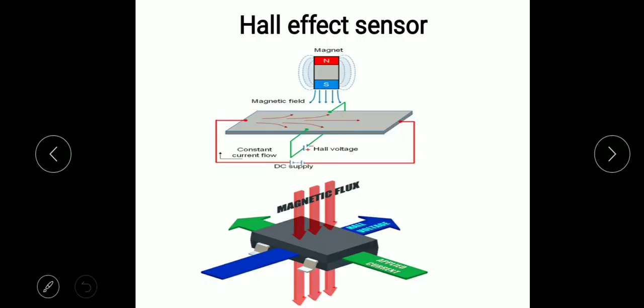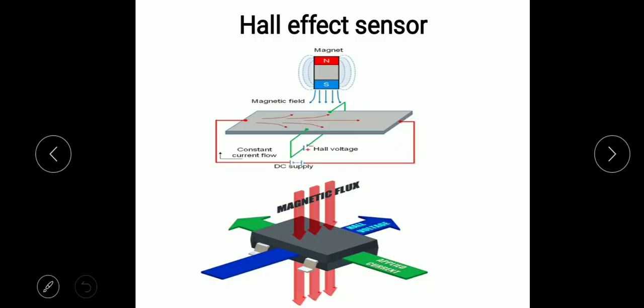But when the conductor is subjected to an external magnetic field, the current flow in a straight line will be distorted to a different position, or this current flow will be disturbed. This is known as the Lorentz force.